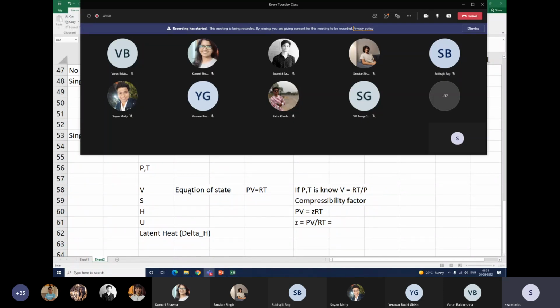We have another equation of state called the virial equation of state. Using that, can anyone tell me how the Z expression looks? Z equals PV by RT equals... I know some of you might not remember, but those who remember can answer.